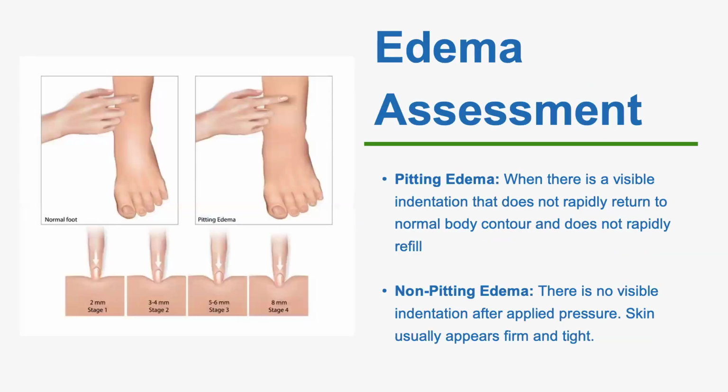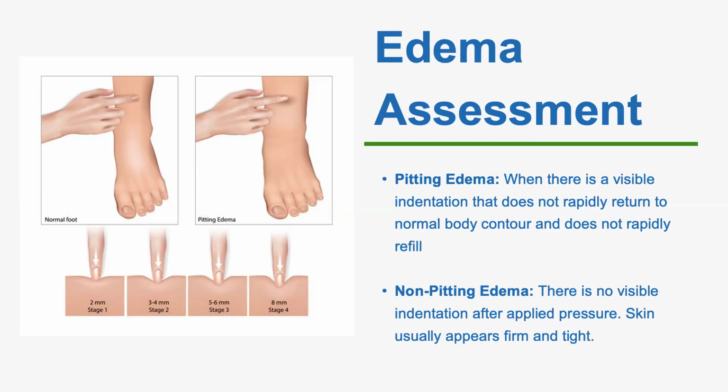For edema assessment, there's essentially 2 types of edema. There's pitting edema and non-pitting edema. Pitting edema, we usually talk about +2 pitting edema or +3 pitting edema. The edema is said to be pitting when you gently put some pressure on the skin and there's an indentation that does not rapidly return to the normal body contour.